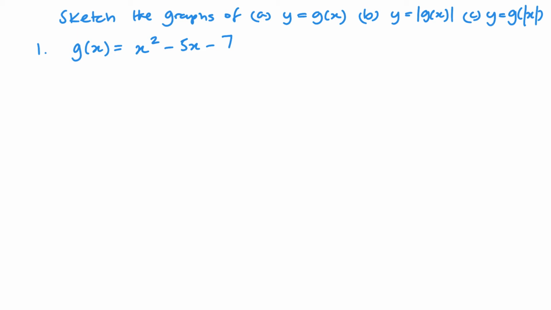Okay, so first let's complete the square. That's x minus 5 over 2 squared minus 25 over 4 minus 7. 7 fours are 28, so 28 over 4, so we've got 53 over 4 there.